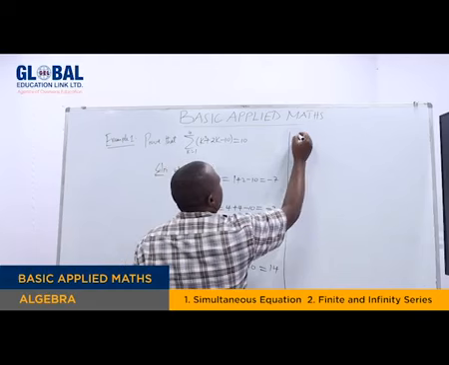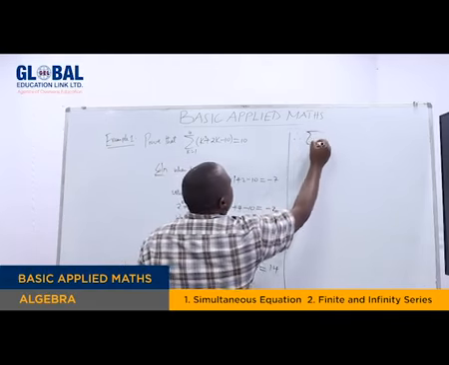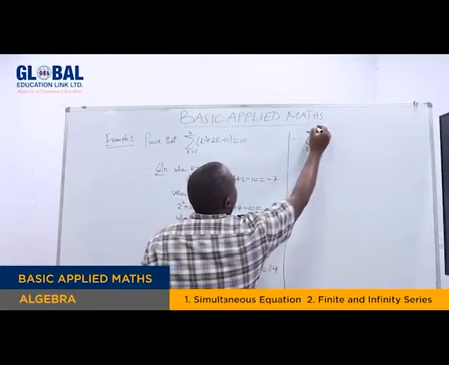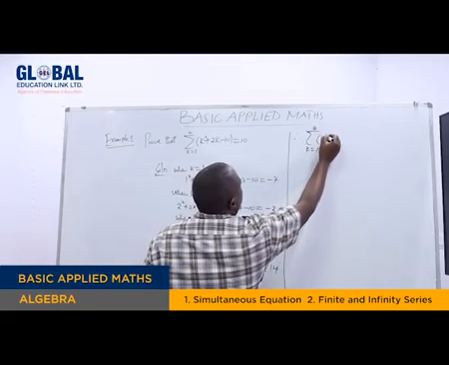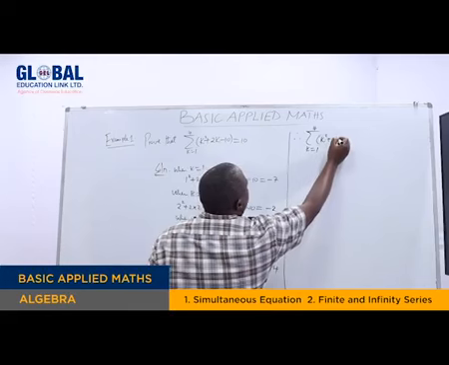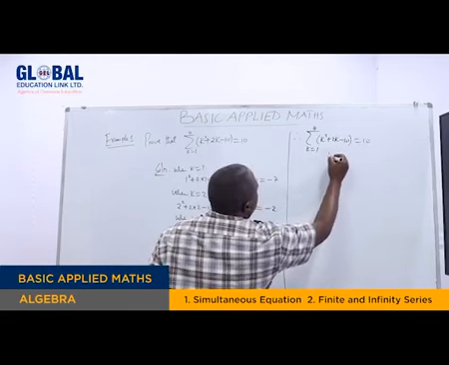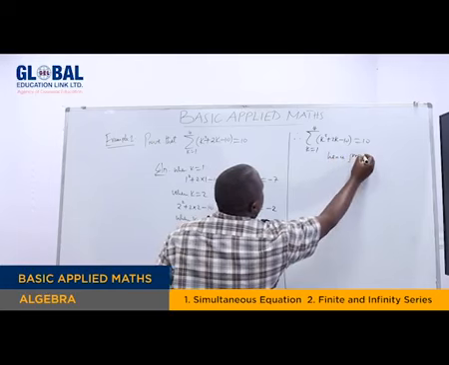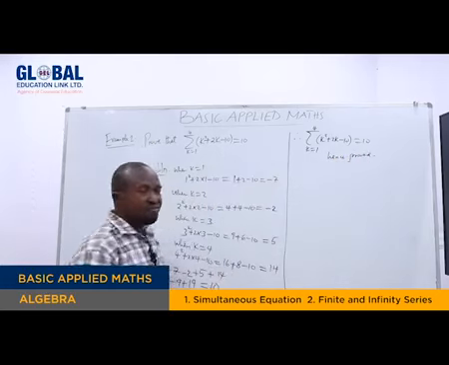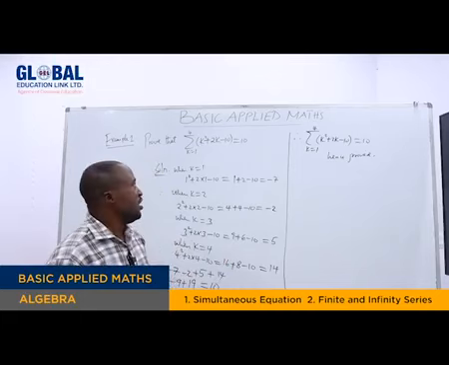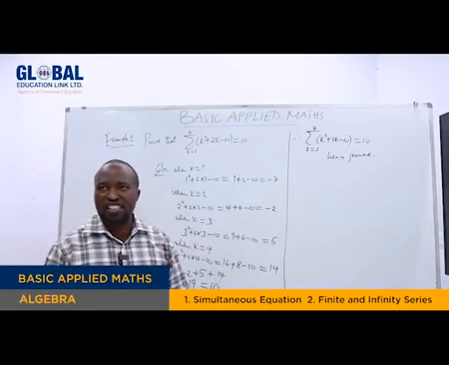So we say the summation from k equals 1 to 4 of k squared plus 2k minus 10 is equal to 10. Hence proved.